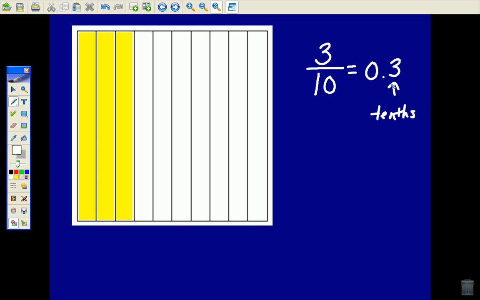It's really easy because all you have to do is look at the denominator, which tells me tenths, so that tells me where that number should be when I'm writing it in decimals, because we know our decimals go tenths, hundredths, and thousandths.